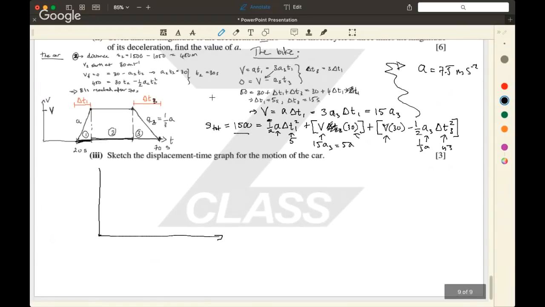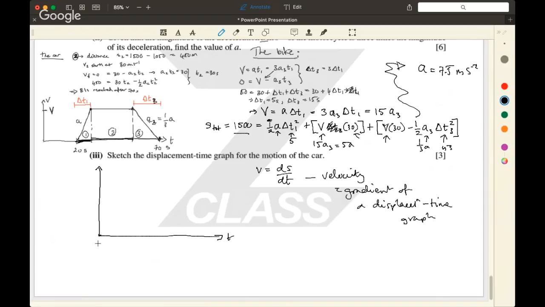So what is the velocity in terms of displacement? Well, velocity is just ds dt, right? Which means velocity is the gradient of a displacement time graph.